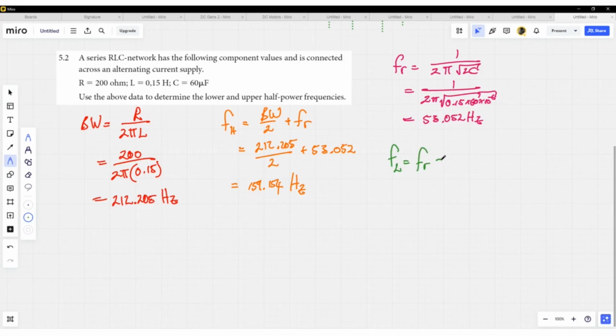That's going to be resonant minus bandwidth over 2. And you guys will see this will give you minus 53.052, essentially.